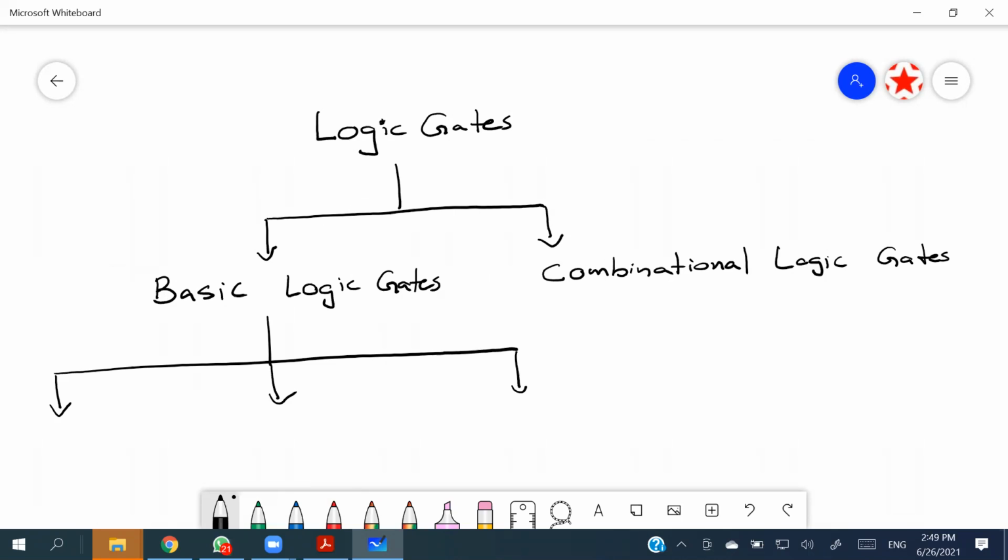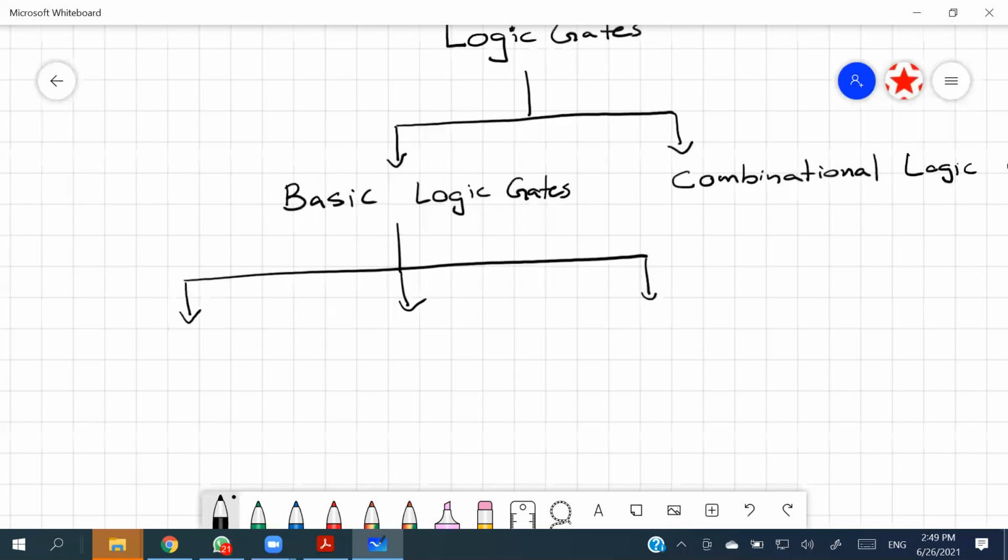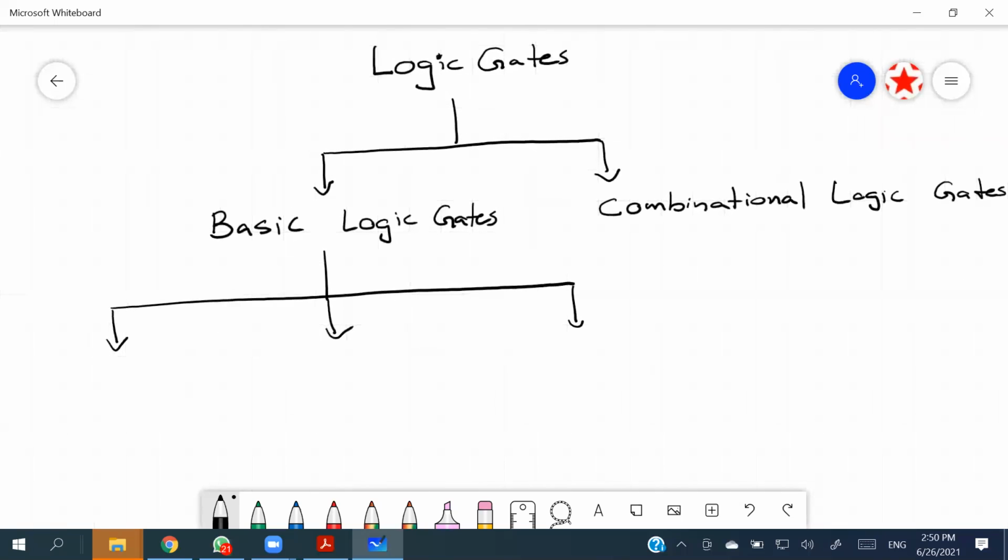One is called NOT, the other one is called AND, and the other one is called OR. They are given these funny names because of their operation.